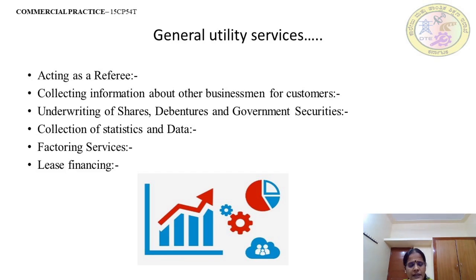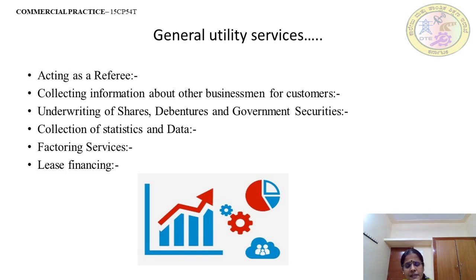Take for example a commercial bank. It is called the factor, and the business concern becomes the client. So in this situation the commercial bank is a factor and the business concern is called the client. Between these two, there is a continuous arrangement made.